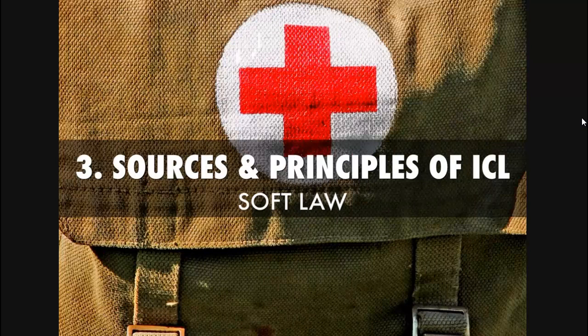We also need to consider the role of soft law. So, for example, in the law of war crimes, the work of the International Committee of the Red Cross may be influential. To take one example, under the law of targeting in the law of armed conflict, it is legal to attack persons taking direct part in hostilities, even if they are not, for example, part of a regular military force, or even if they are otherwise civilians.